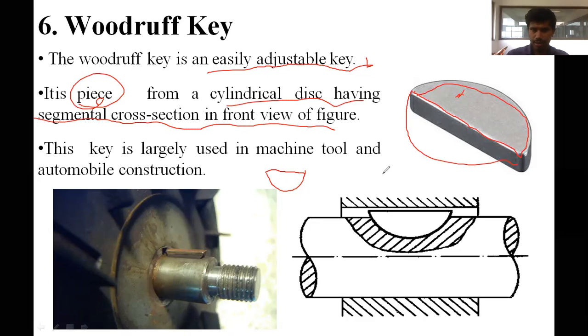So this is one kind. This key is largely used in machine tools and automobile constructions. Moreover, the maximum utility is in automobile constructions.